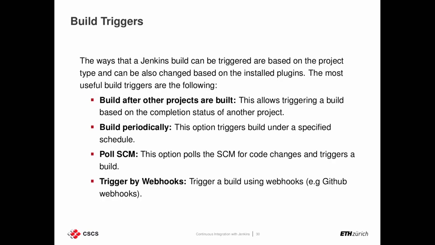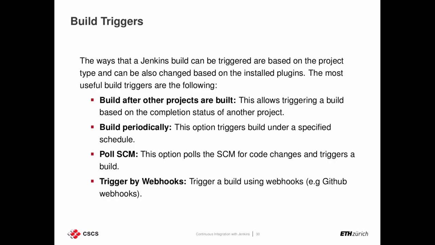It can deploy it to production. Build periodically. This option triggers a build under a specified schedule. You give a cron type syntax, and you have a schedule where the builds are triggered.